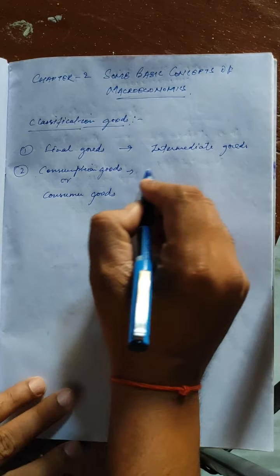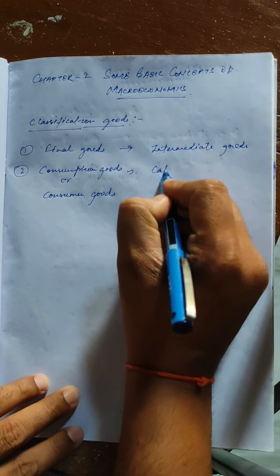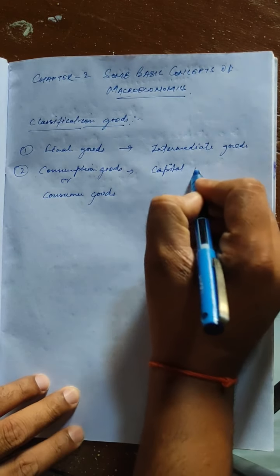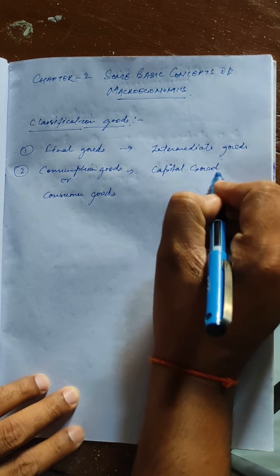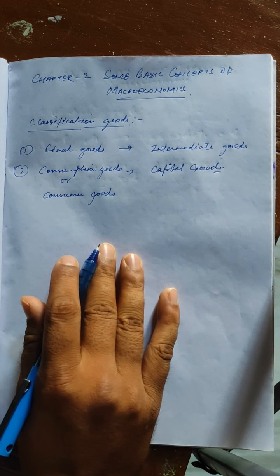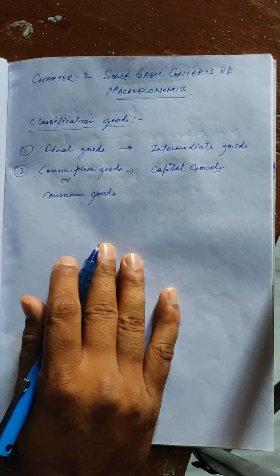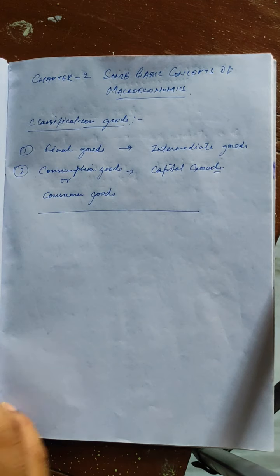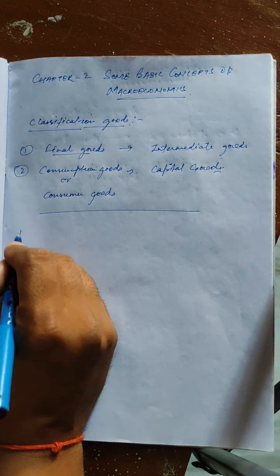Then the difference between consumer goods and capital goods. So we need to see what consumer goods and capital goods are. We start with the final goods.